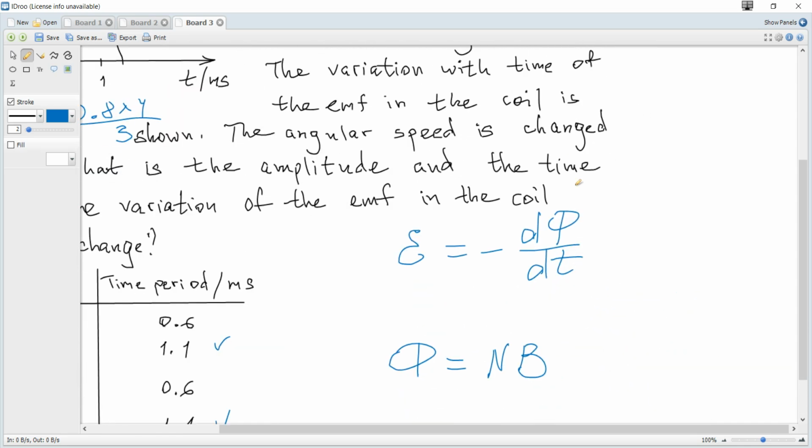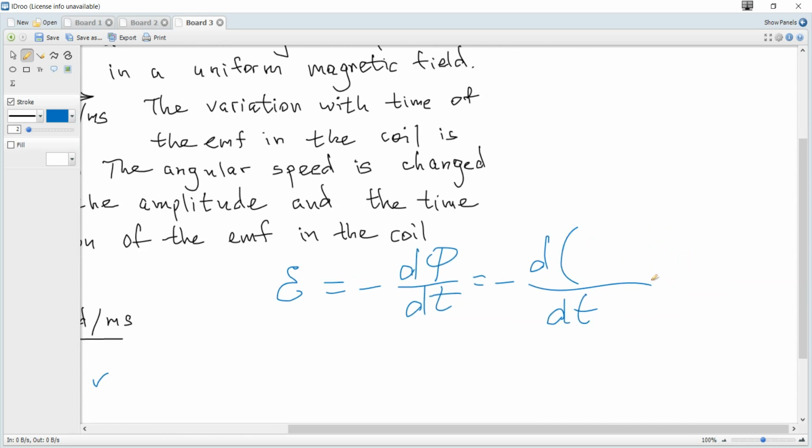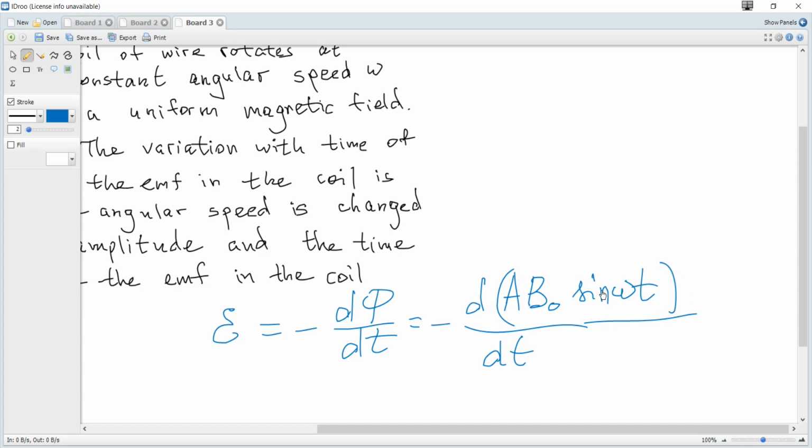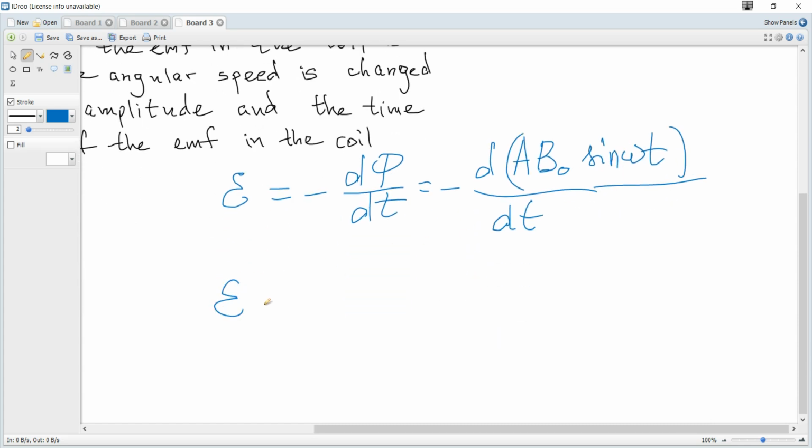constant angular speed, the magnetic flux linkage becomes some amplitude value of the magnetic field strength, multiplied by sine or cosine of omega t, and multiplied by the area of the coil, and hence the induced EMF is minus its derivative.